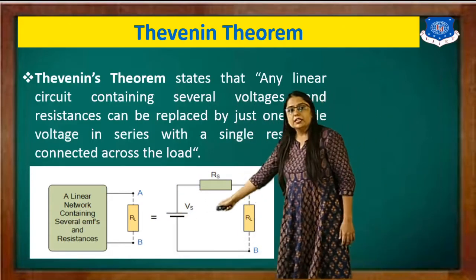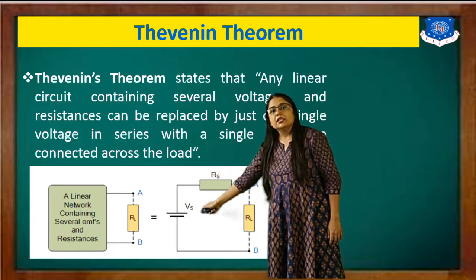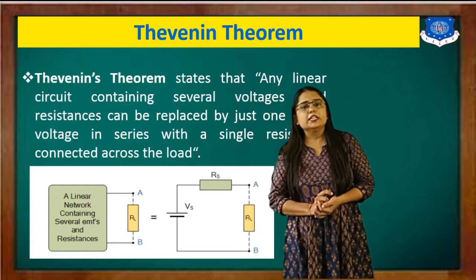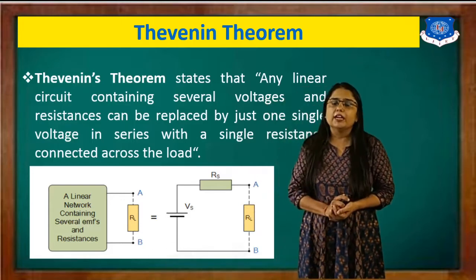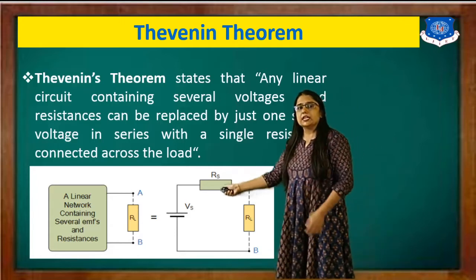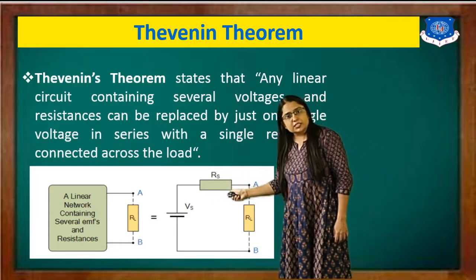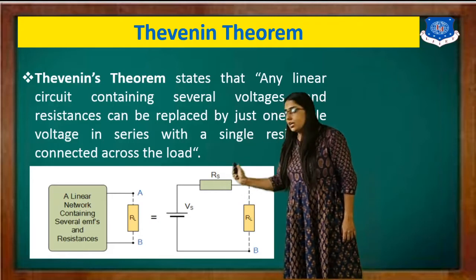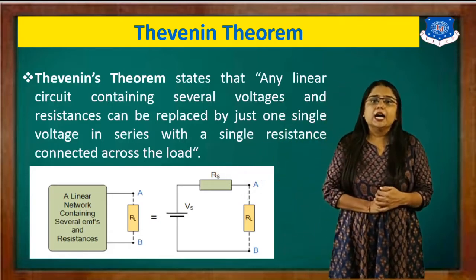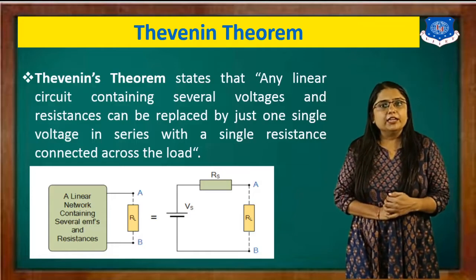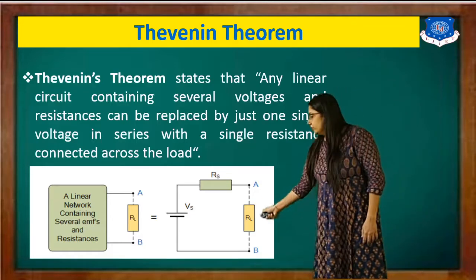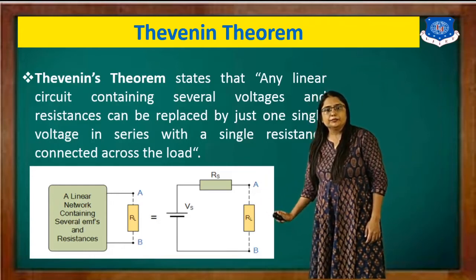First, this is Vx, known as the source voltage, which we will consider as the Thevenin equivalent voltage, that is VTH. And here, as we discussed, it's a single resistance, Rs, or we can consider that resistance as RTH, the Thevenin equivalent resistance. And this is our load resistance RL.